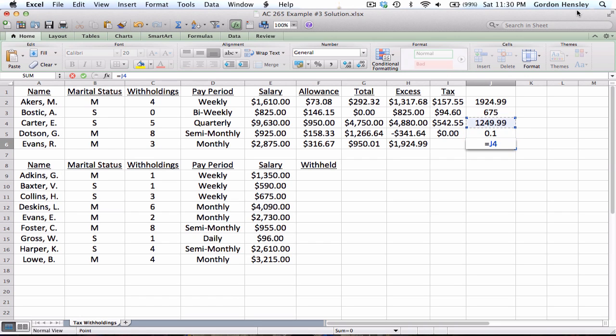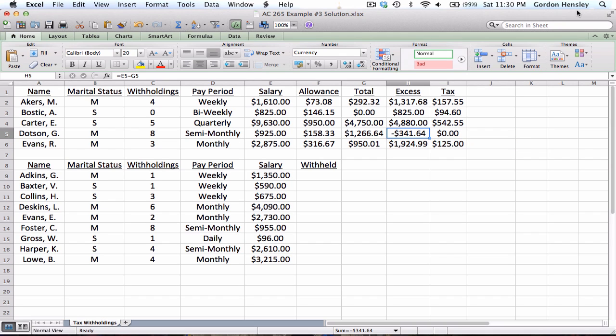I'll multiply that number by 10%, and I get 124.99, or if I round to the penny, 125. So that completes the 5 employees for part 1 using the percentage method. And really we only had to do 4 because this person had a negative amount, so there was no tax due. So that gave us really 4 hands-on examples.